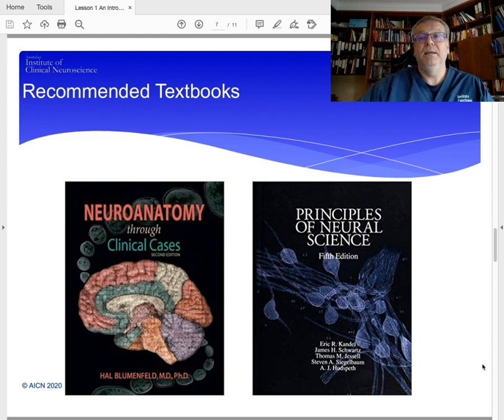Now, what you'll find is in the slides, in the lectures that we're going through, I will use a variety of different textbooks and different diagrams and things from a variety of different authors, just because I think it's important for you to get exposed to different diagrams or different approaches that other authors will have.